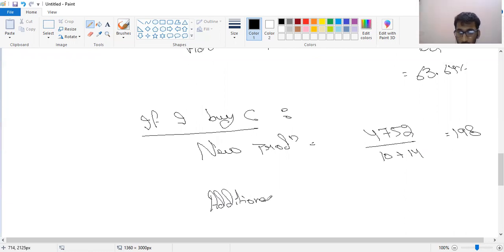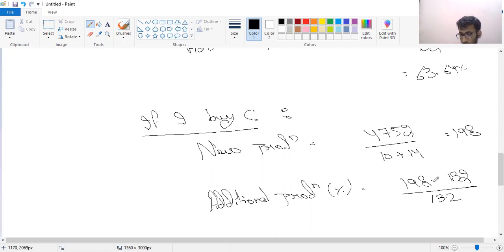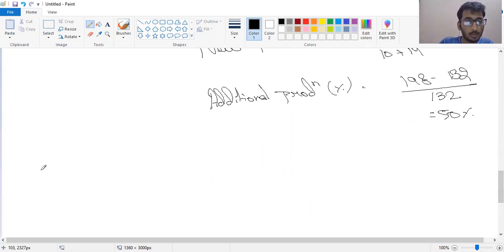Additional production in percentage would be 50%. So if I buy C from outside, I'll be able to produce additional 50%. Now, this is what the question is asking in the second part.